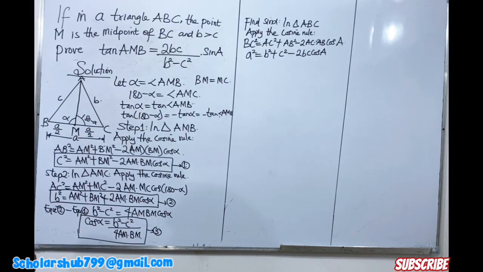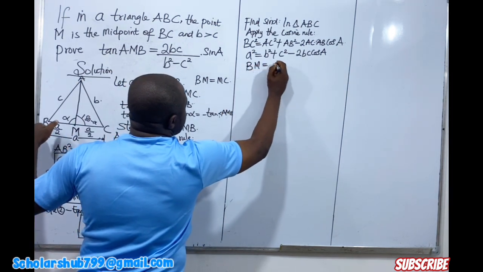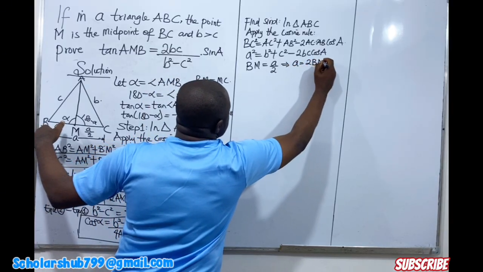Now, we have here that BM is equal to a over 2, which means a will be equal to 2BM.